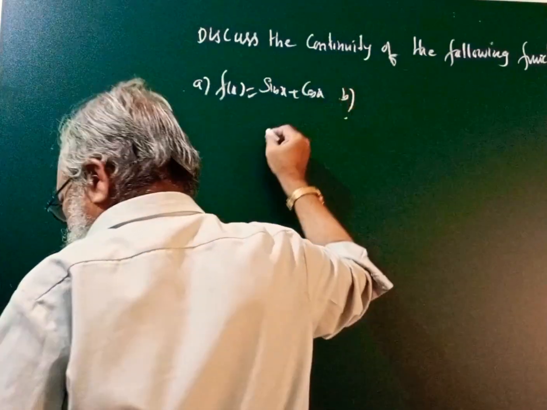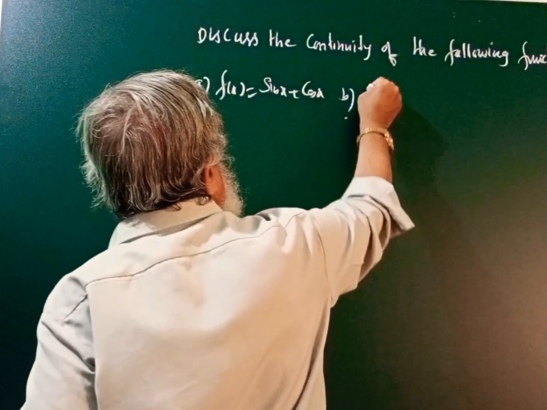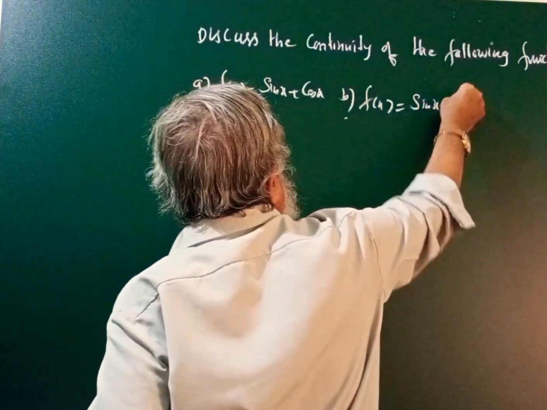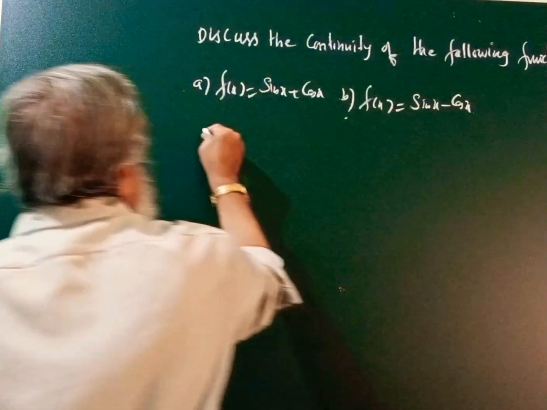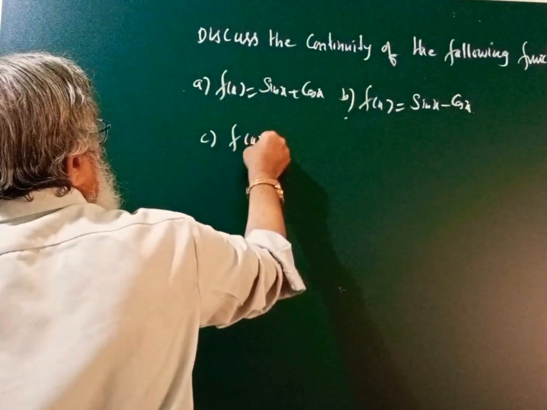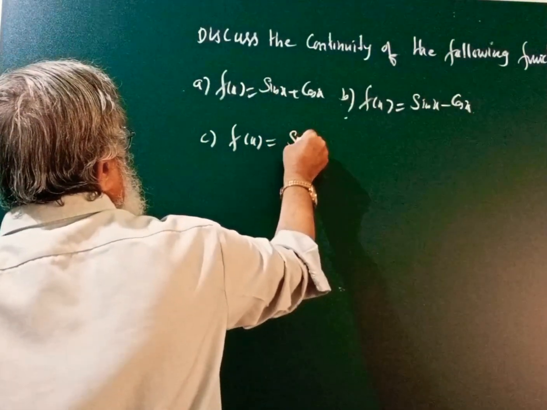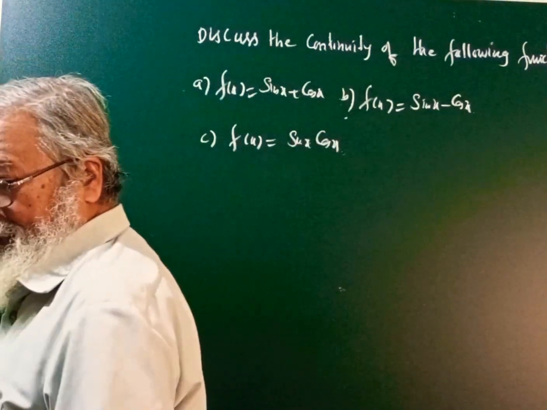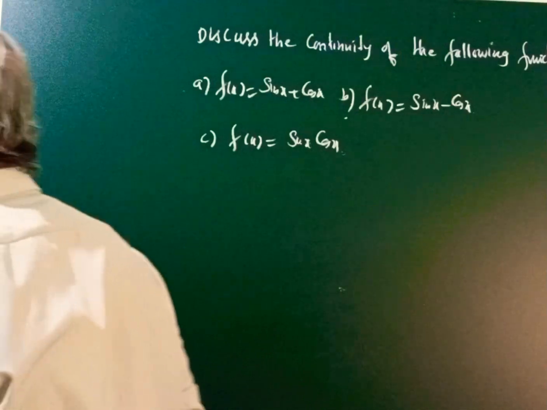B, f(x) is equal to sin x minus cos x. C, f(x) is equal to sin x into cos x. So now these all three parts have the same argument.